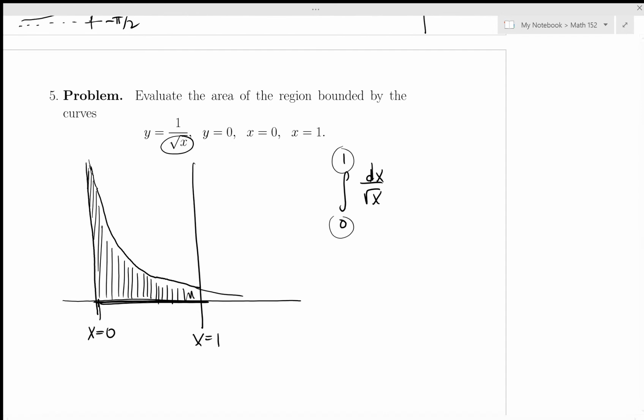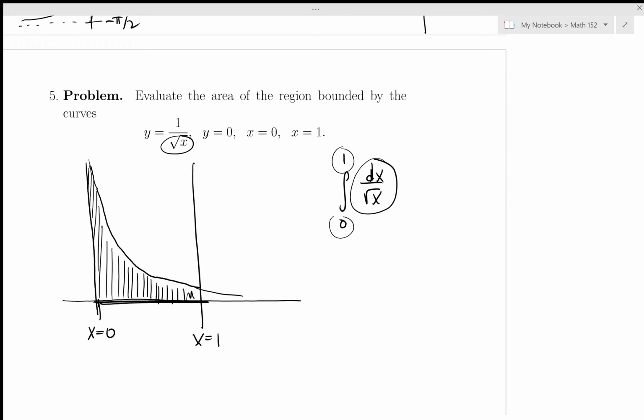Now that we've introduced this idea of having the possibility of a discontinuity in the interval of integration, every time we get asked to evaluate an integral, we're going to have to look and ask whether we are going to experience problems anywhere between 0 and 1. And if the answer is yes, then we cannot just brush that under the carpet. We have to say, okay, this is an improper integral, and we will have to deal with that appropriately.